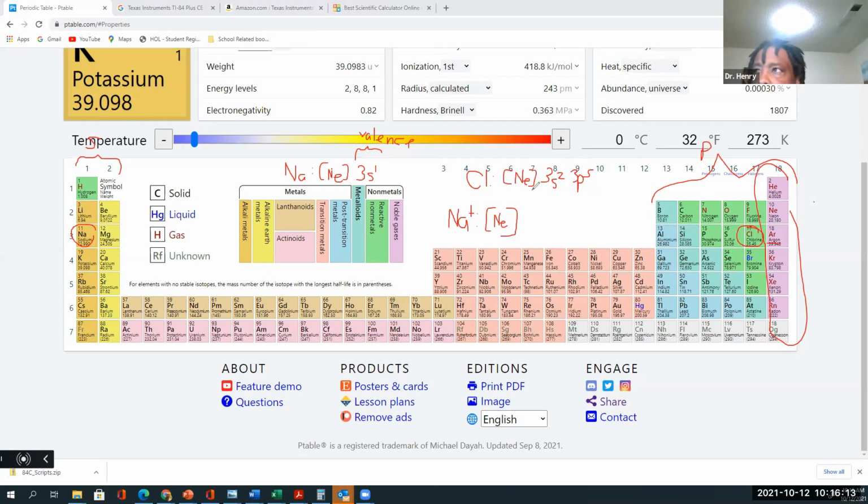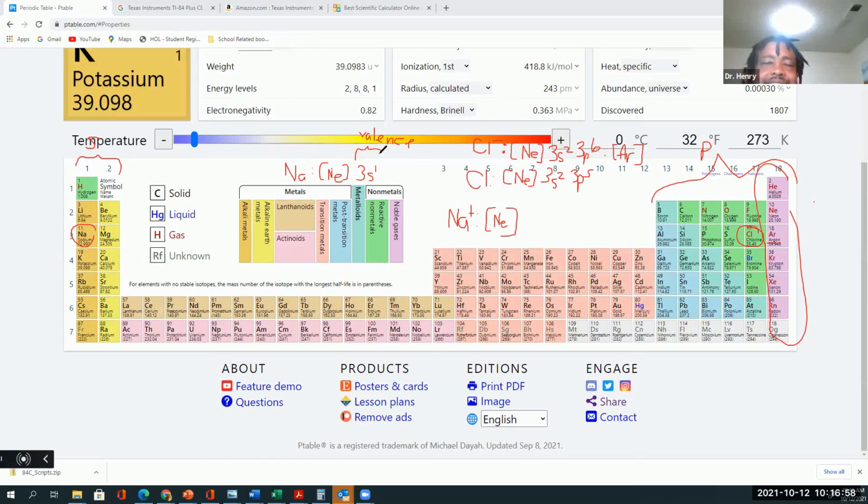If it gains one electron, then it's Cl minus, and it's neon 3s2 3p6, or we could just call it argon core. So it would have the exact same number of electrons as argon does.